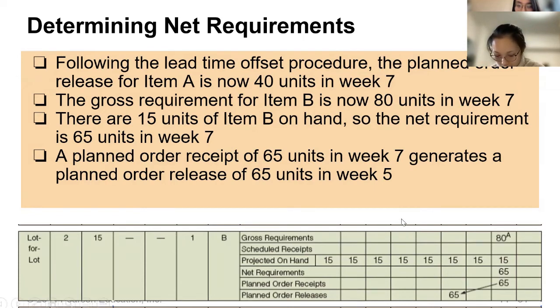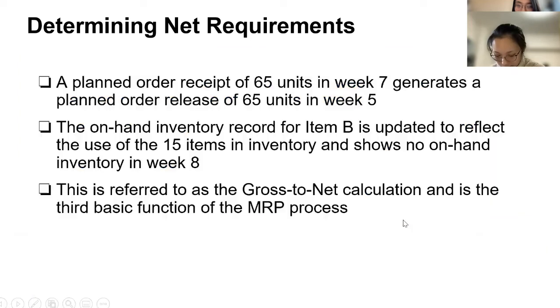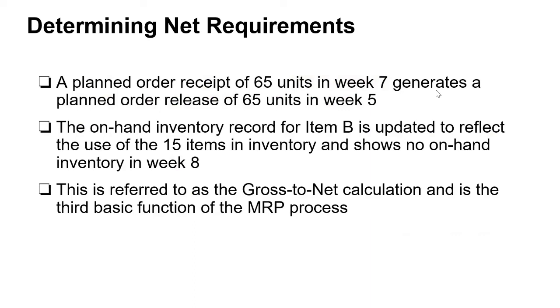Okay, so you must deduct along the way. So what happened is this. A plan order of 65 units in week 7 will generate a plan order release of 65 in week 5. The on-hand inventory record for item B is updated to reflect the use of 15 items of inventory and shows no on-hand inventory in week 8.